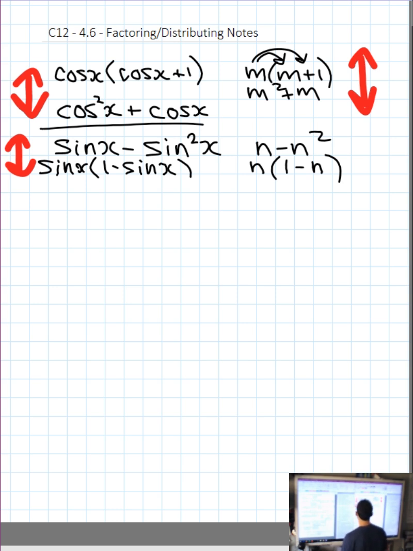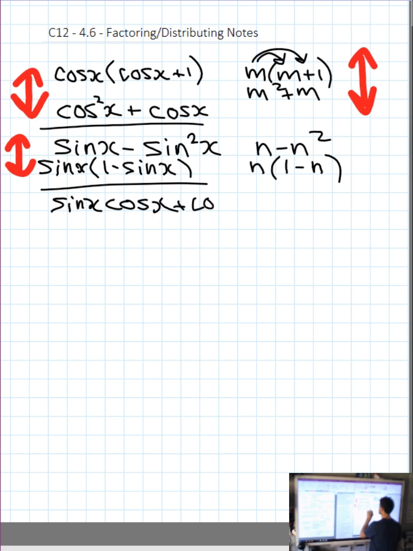Off to the right, let's do that example down below, but if you're looking in your notes, it's off to the right. So that's sine x, cos x, plus cos x. Well, we made cos x m earlier, and we just made sine n, so let's stick with that. So that would be n m plus m.